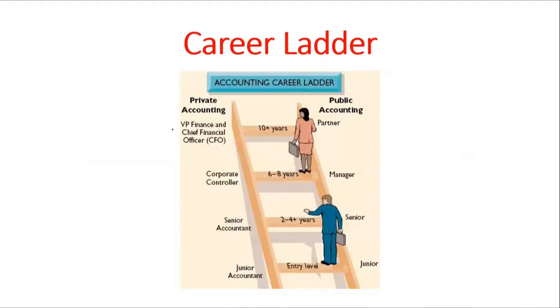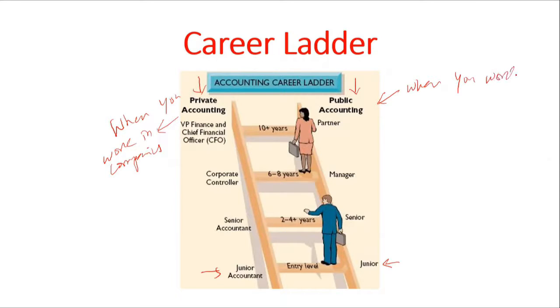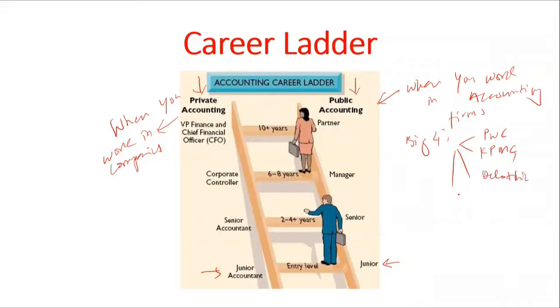So this is just an idea of what your career would look like. You can go into private accounting or public accounting. You can start as a junior auditor or junior accountant. Private accounting is when you work in companies. Public accounting is when you work in accounting firms. We have something called the Big Four: PwC, KPMG, Deloitte, and EY.